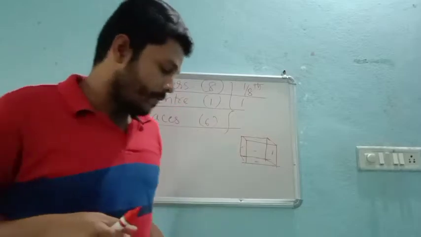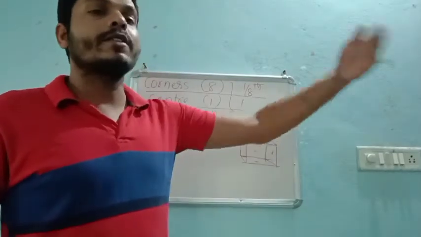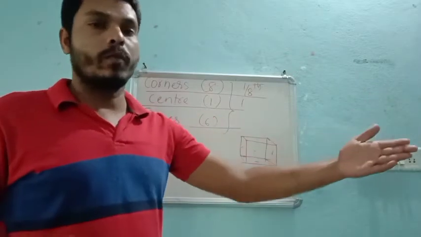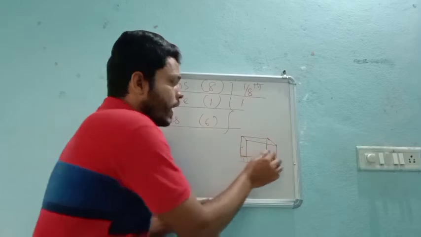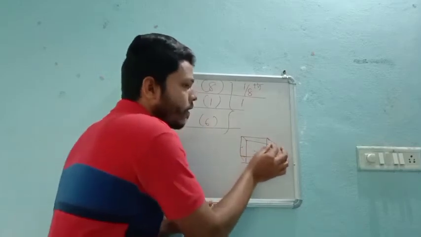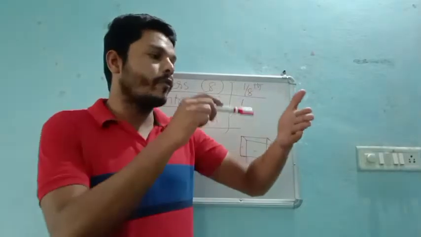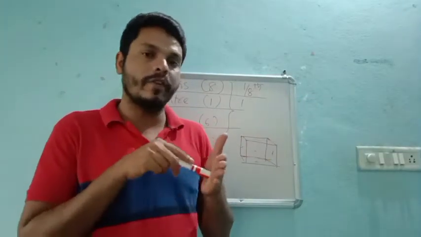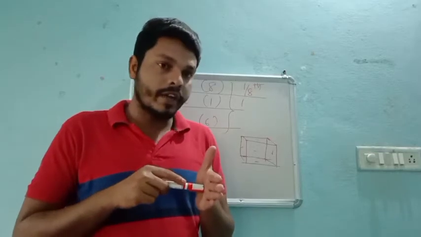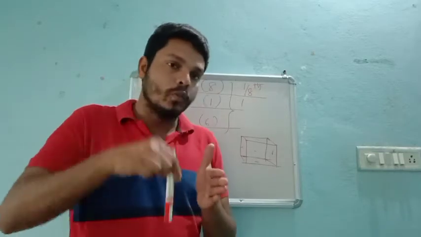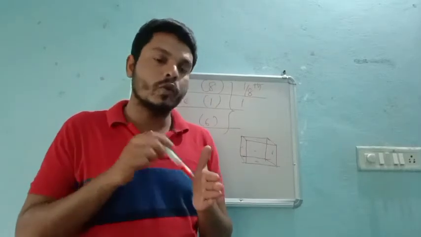See, if there is no face, then we cannot separate one room from another room. And now, our atom is present on the face itself, exactly at the face. So what happens here is that this face is dividing 2 rooms, right? Very important. This face is dividing 2 rooms.